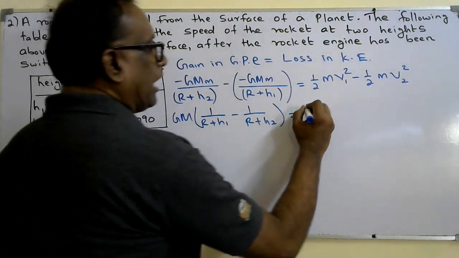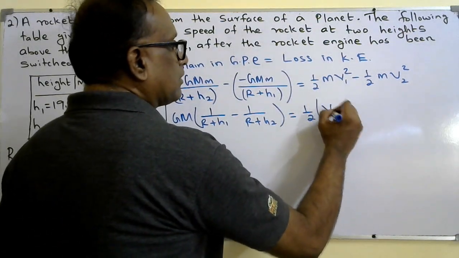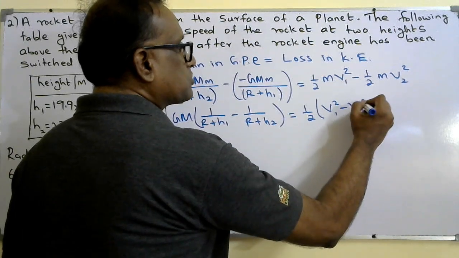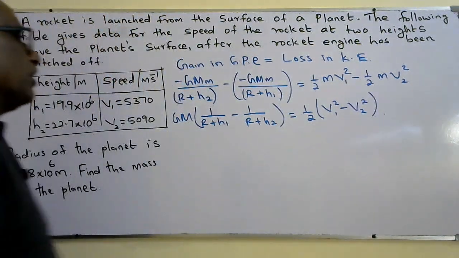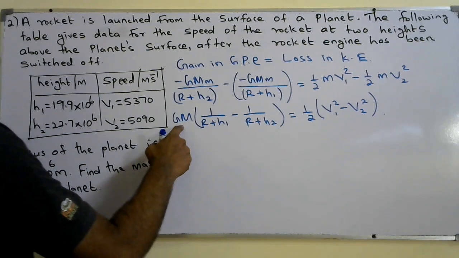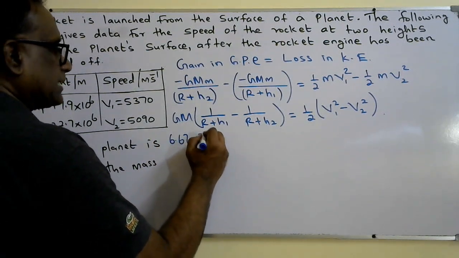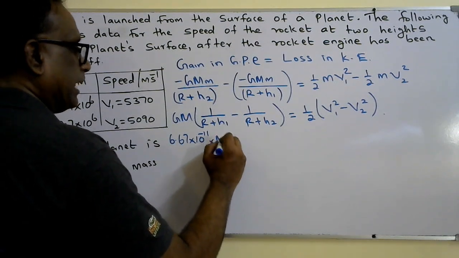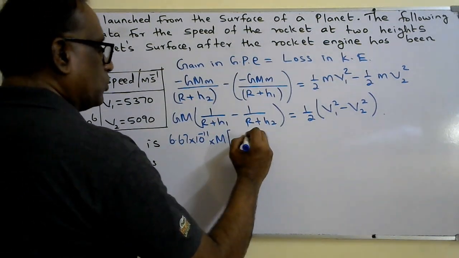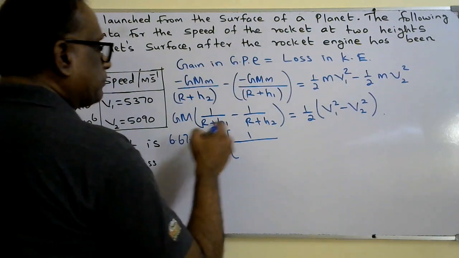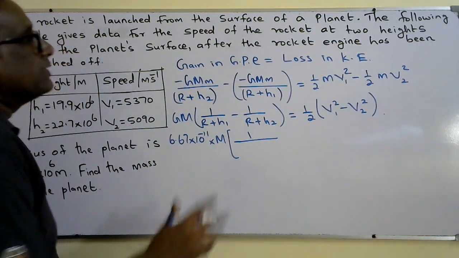Okay, so we know everything except capital M. G we know, 6.67 into 10 to the power minus 11, into M, into 1 over R plus H1. R is given as 6.38 into 10 to the power 6. H1 is 19.9 into 10 to the power 6.